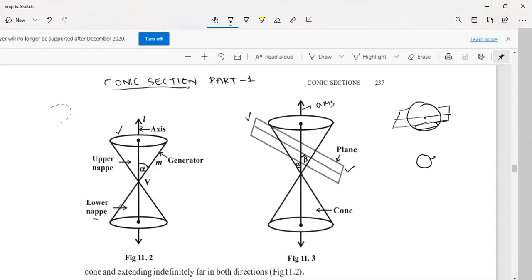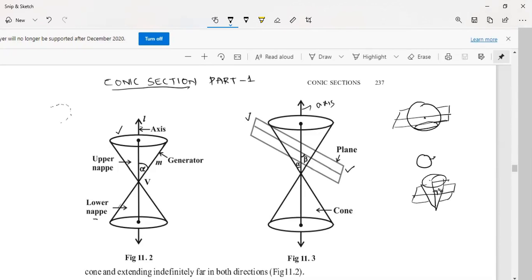For example, if you cut a cone with a plane which is making 90 degrees, beta is 90 degrees with the axis of the cone.